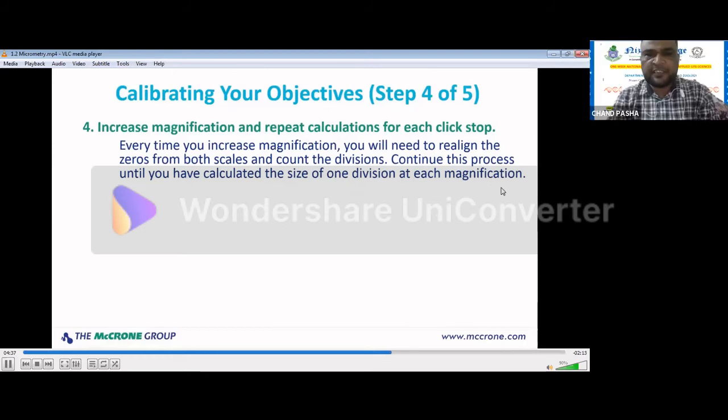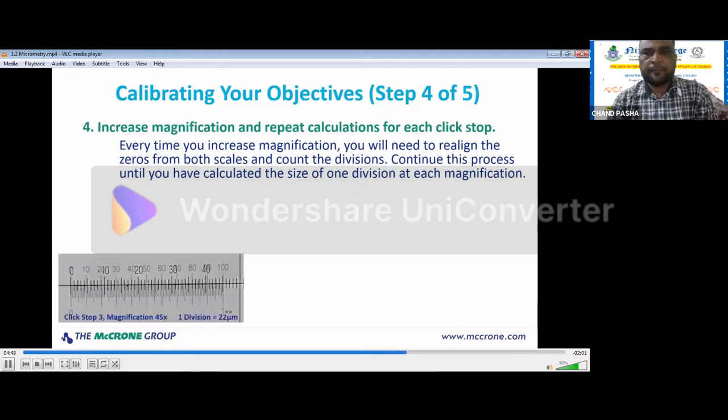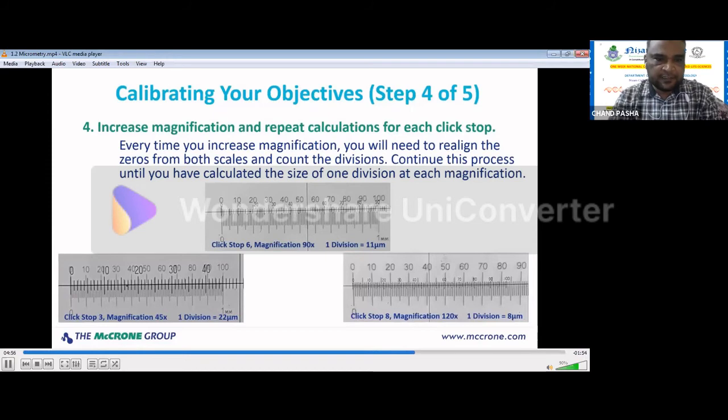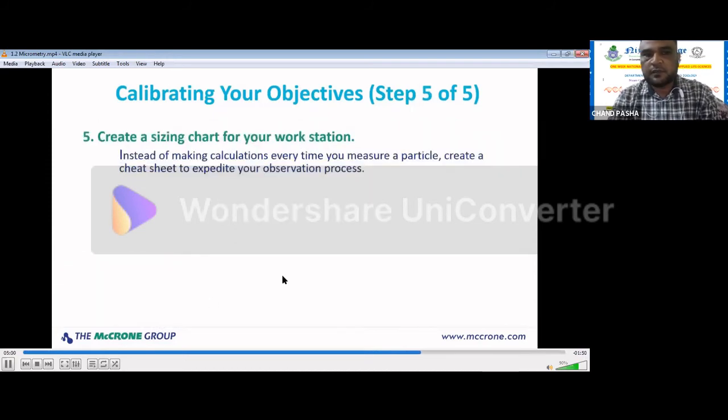So repeat the same calibration with different magnifications. We have eyepieces of 10 and 15, and objectives of 10, 40, 45, 100. You compare the different combinations, and you create a chart for the different magnifications.